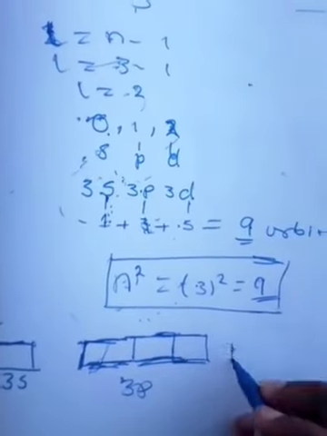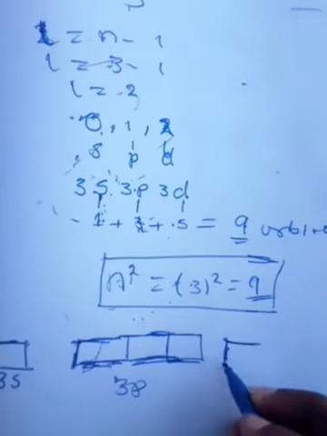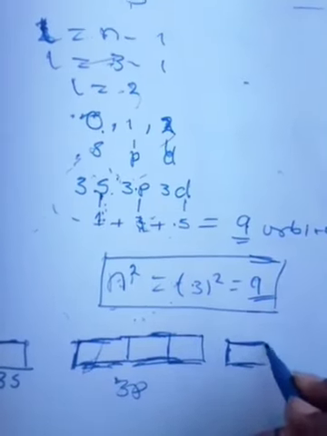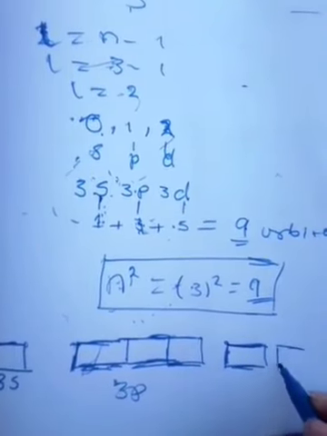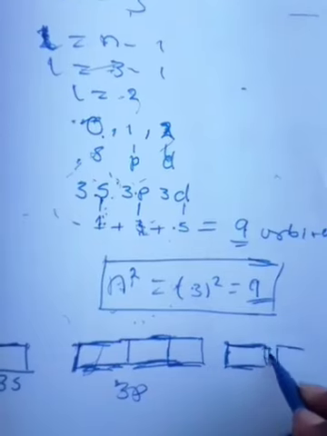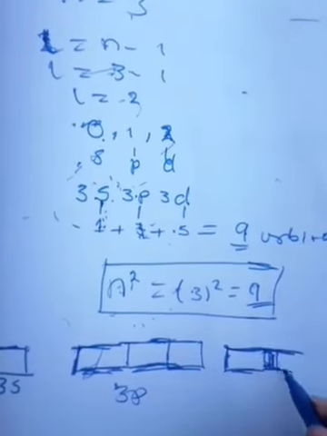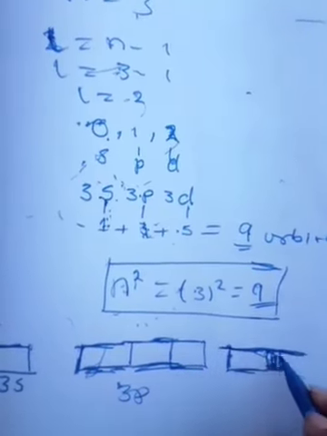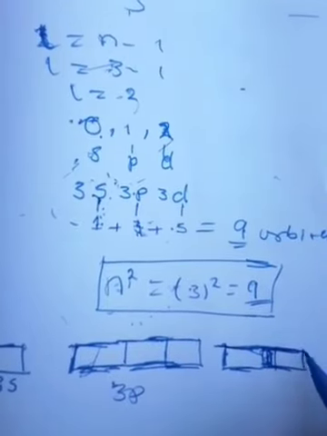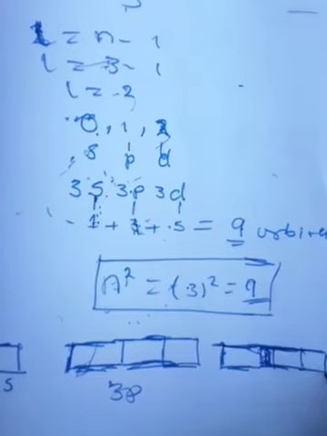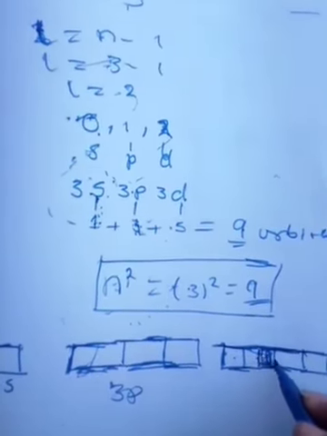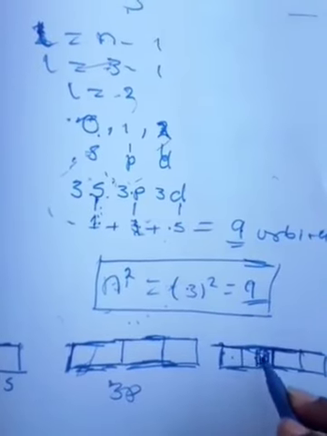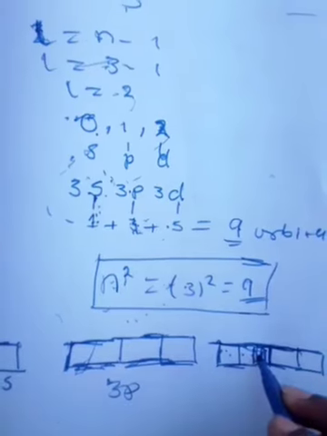Let's go. So let's draw 3d. We need to draw 5 of them that are attached to each other. 1, 2, 3, 4, 5. Let me just consider each to be my orbital.